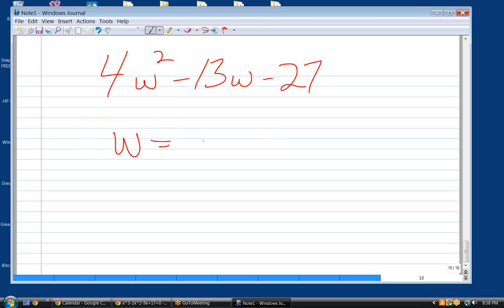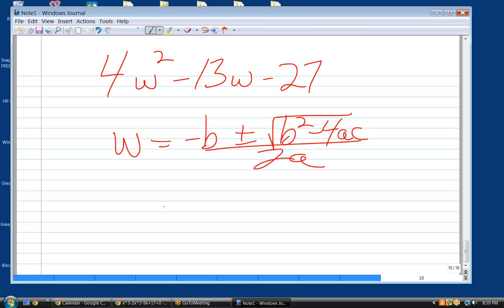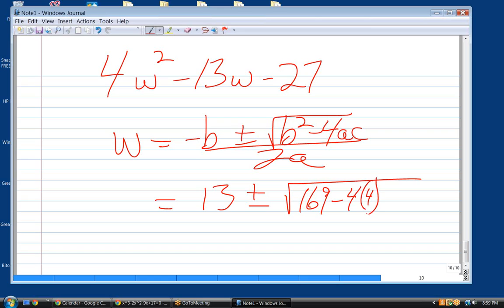From memory, if you can. Negative b plus or minus the square root of b squared minus 4ac, all over 2a. Now plug in. 13 plus or minus the square root of 169 minus 16 times negative 47.